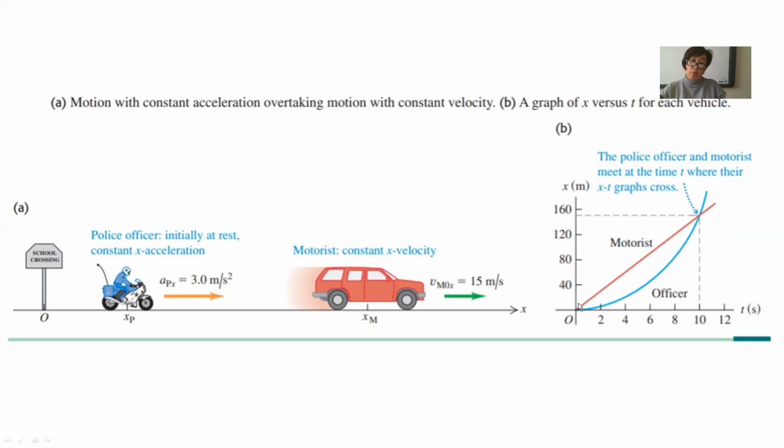The point where they meet is at time t, where the two x versus t graphs cross. This is the point at time t on the diagram of x versus time.